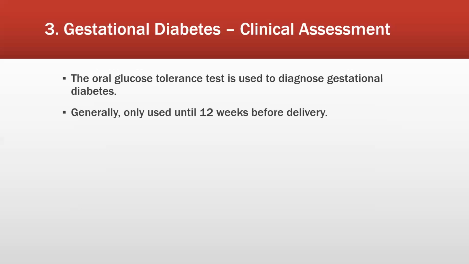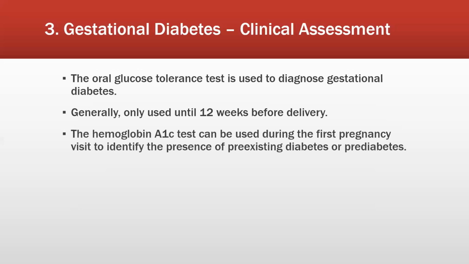Usually this test is valuable up until about 12 weeks before delivery. Following that, typically they can do a hemoglobin A1C test, which is usually used to detect if there's any kind of pre-existing diabetes, or if they are at risk for developing any kind of pre-diabetes.